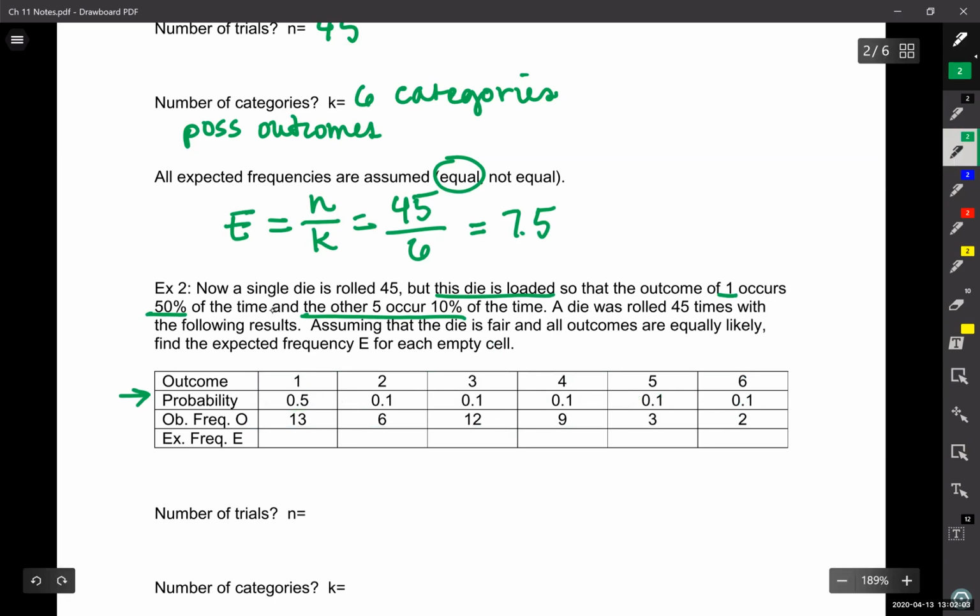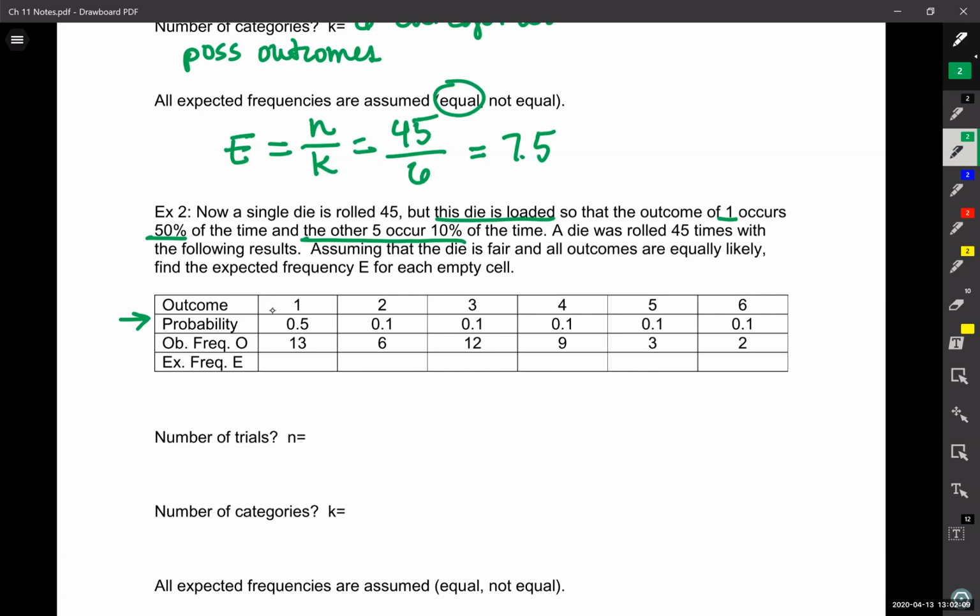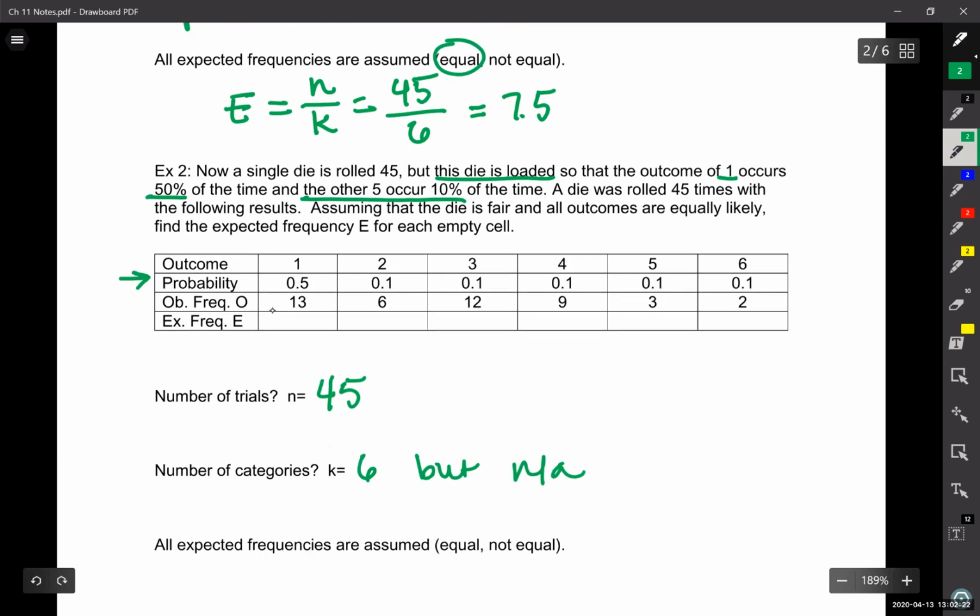And so we want to find the expected frequency. So how many trials are there? There's 45, just like before. How many categories are there? Well, technically there's 6, but it's really not applicable because these are not equal. And when they're not equal, we don't need to know what K is.